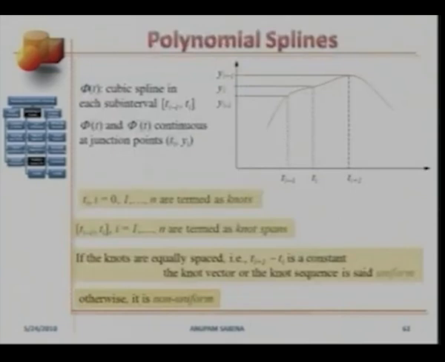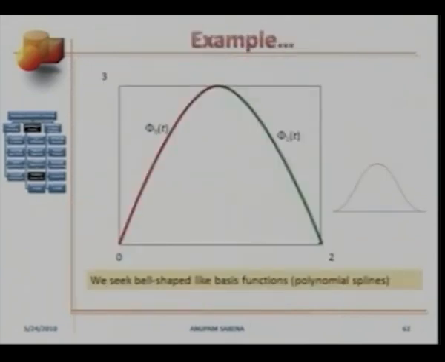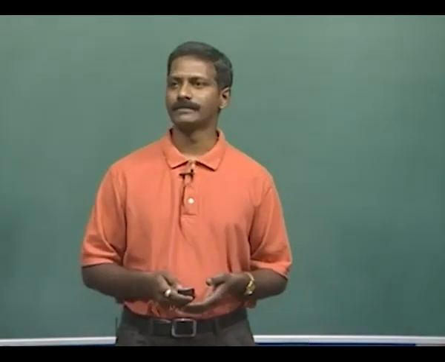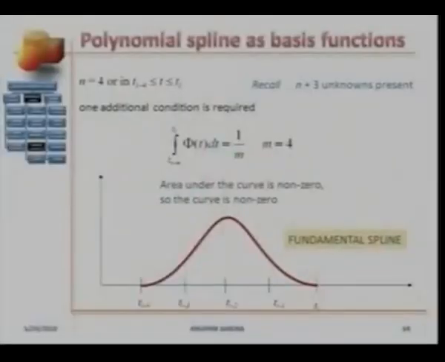We studied what polynomial splines were, and using polynomial splines, we attempted to design a very simple bell-shaped basis function. We were not very satisfied, so we started exploring further. In this figure, we introduced 3 conditions on the left and 3 conditions on the right. What were those 3 conditions?